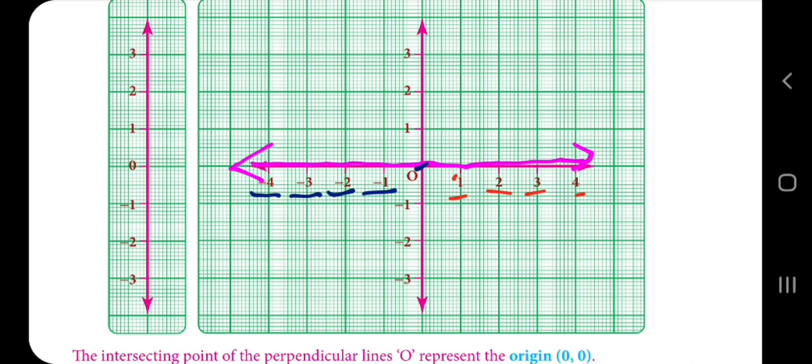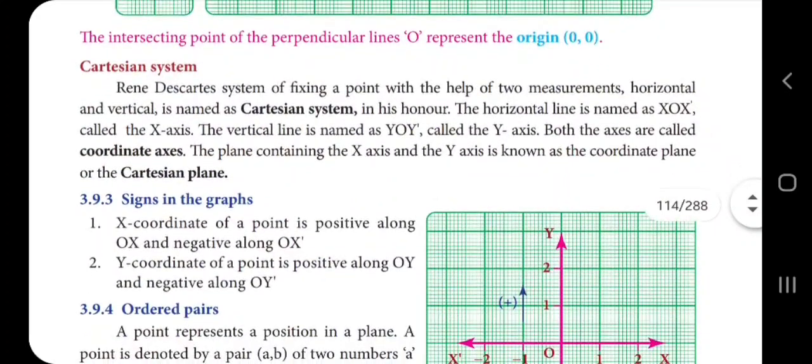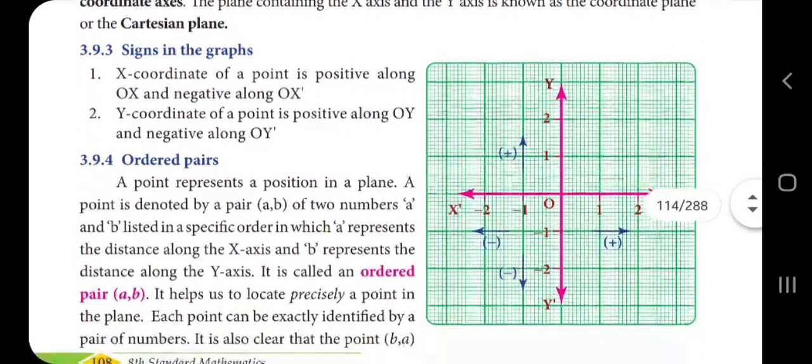You can think of the number line. We are going to insert the number line on the graph sheet. So on the horizontal line and also the vertical line, we need to use positive integers, negative integers and 0. This is called the Cartesian form. The vertical line we can name Y'OY, the y-axis. So the horizontal line is the x-axis, and the vertical line is the y-axis.